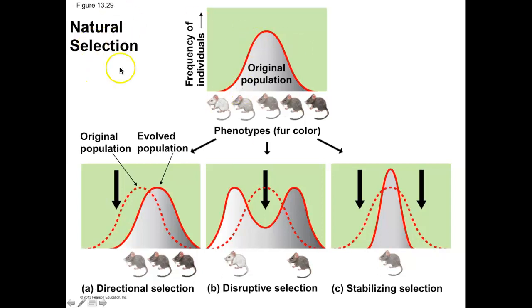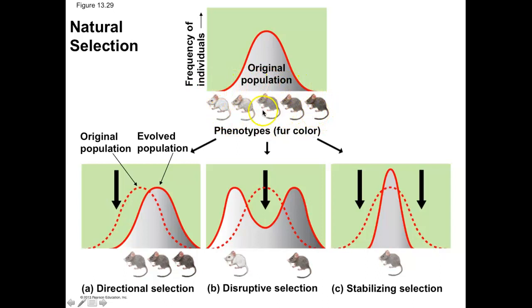So remember, this is nature selecting for what's out there. If you had this population of mice, where very few individuals are light, very few individuals are very, very dark, and most of your individuals are in an intermediate shade, what does nature favor, right? Because this is the variation of the individuals in that population.